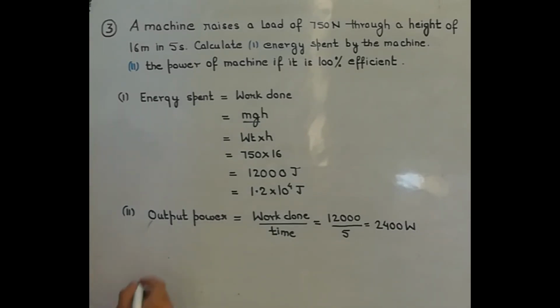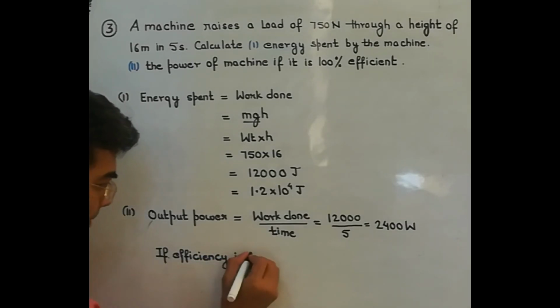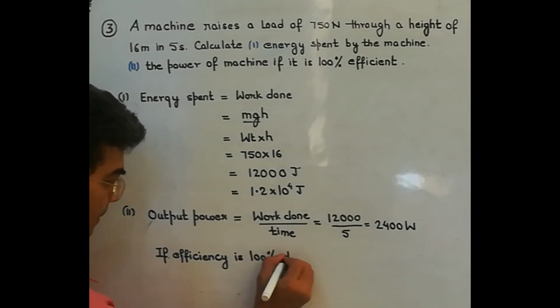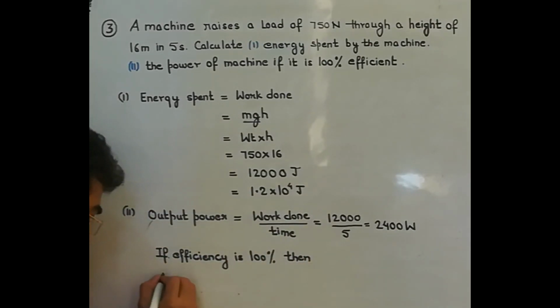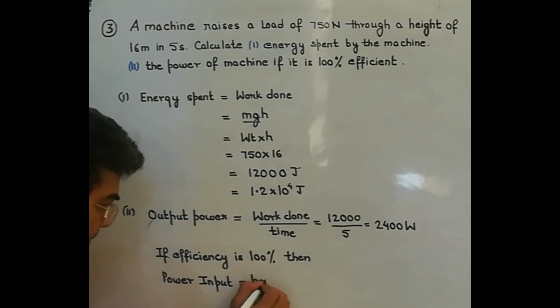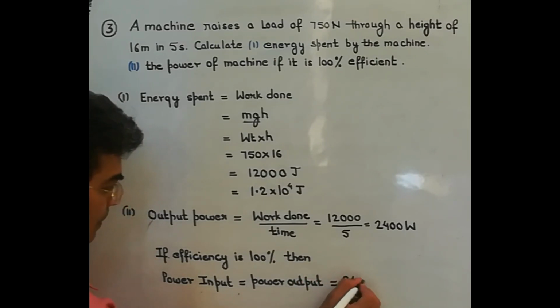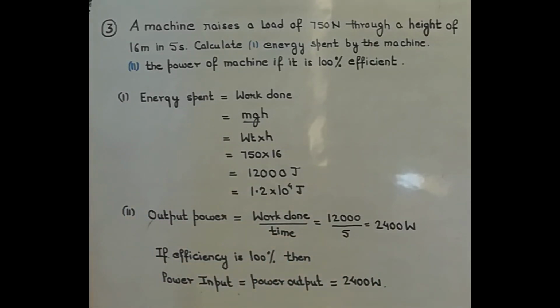Now if efficiency is 100%, so this will be the power input. That is the power of the machine.